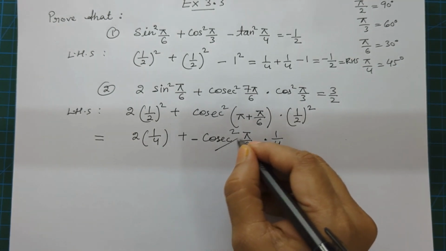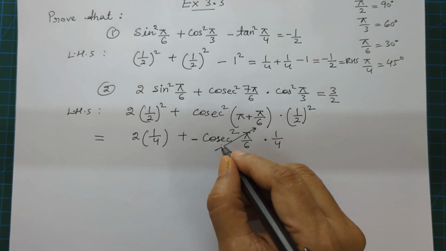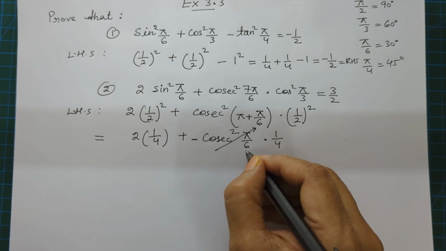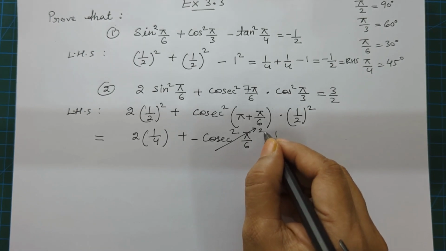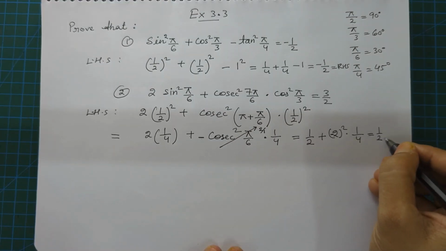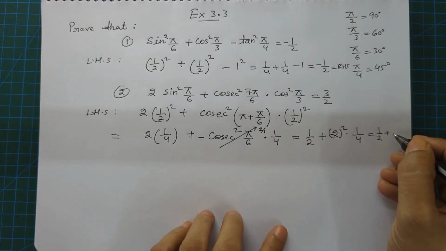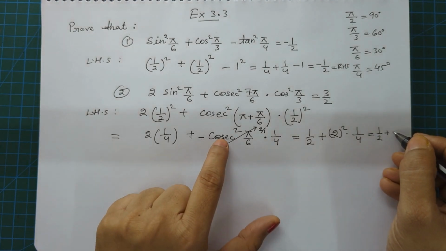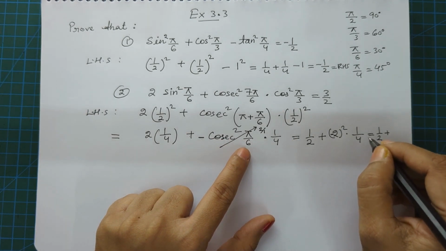Now what is the value of this? Cosec is sine reciprocal. So sine pi by 6 means sine 30. Sine 30 is 1 by 2. So cosec 30 is 2 by 1. So this value is 2 by 1, but square is there. We get ultimately 1 by 2 plus negative 2 square, because cosec of this angle comes in third quadrant, so its value is negative.